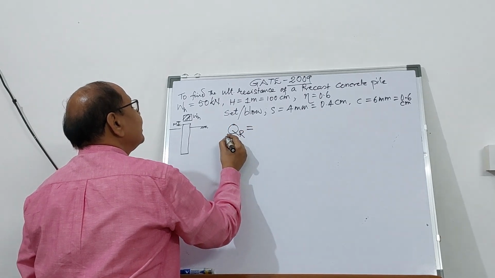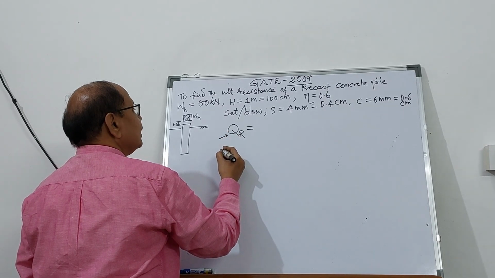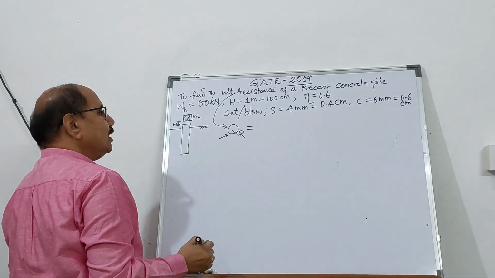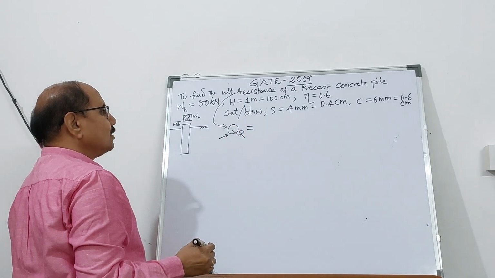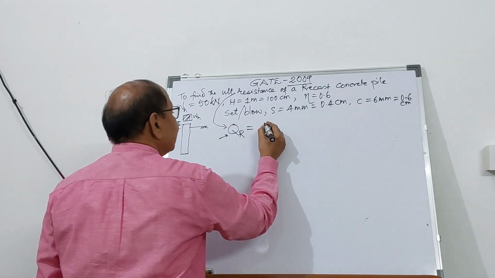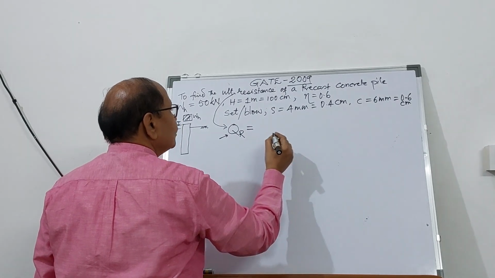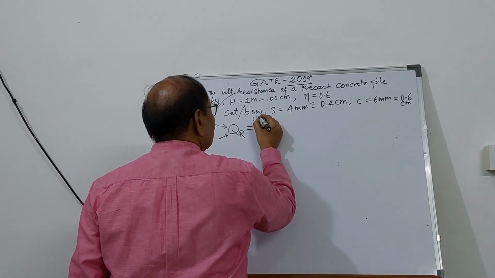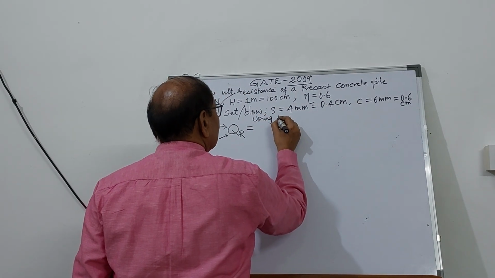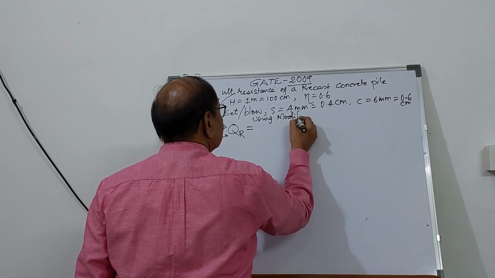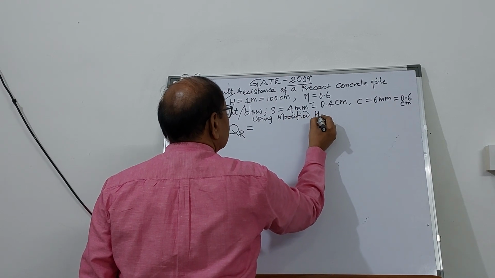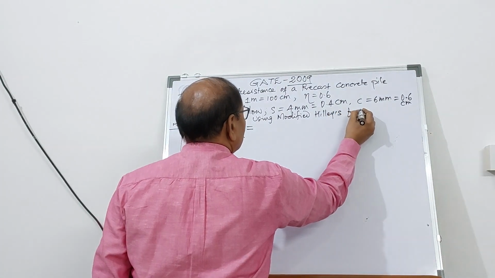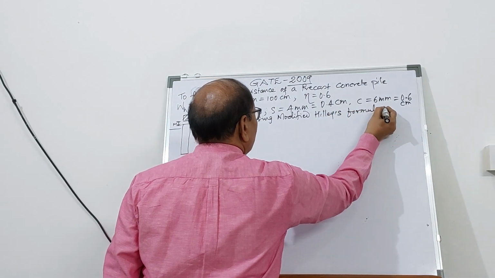Let's say the ultimate resistance of the precast pile is QR. QR is the ultimate resistance of the precast pile. You will have to use the modified Healy's formula.